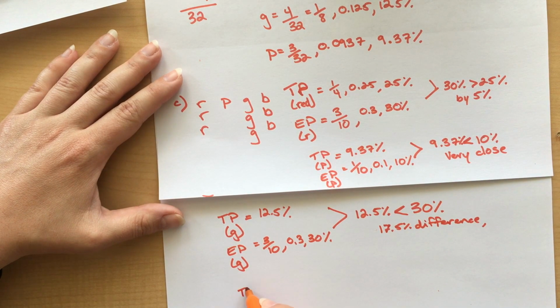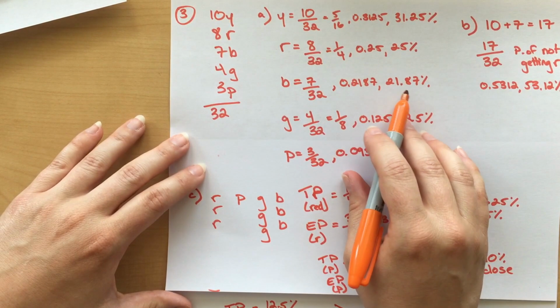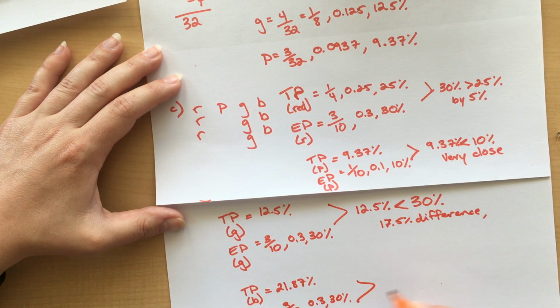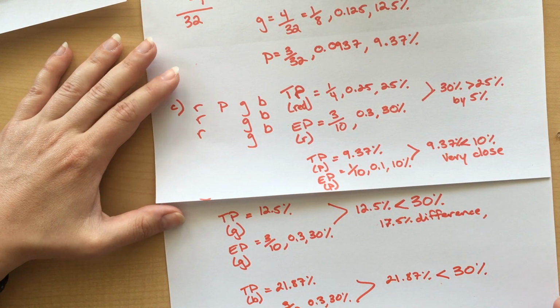Okay, and then lastly, theoretical probability of blue. Theoretically, it should have been 21.87. And then experimentally, blue happened, again, 3 out of 10, 0.3, or 30%. So looking at these two, 21.87% is less than 30%, right?